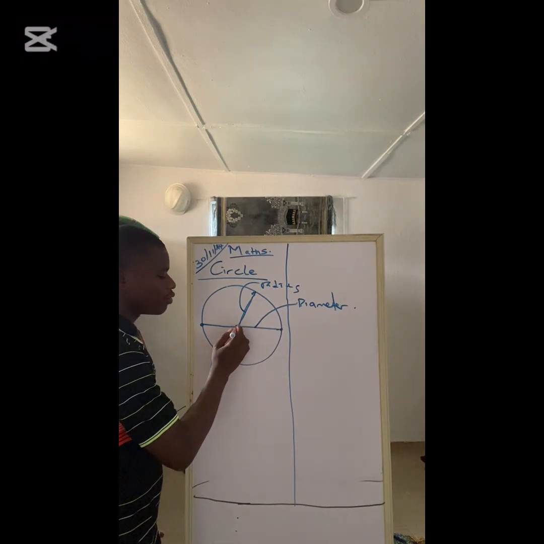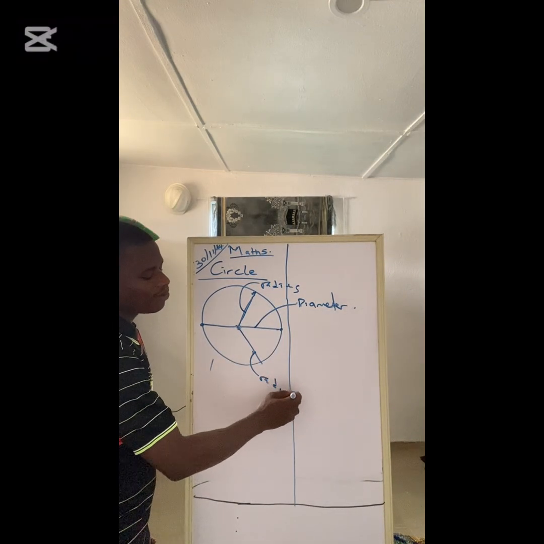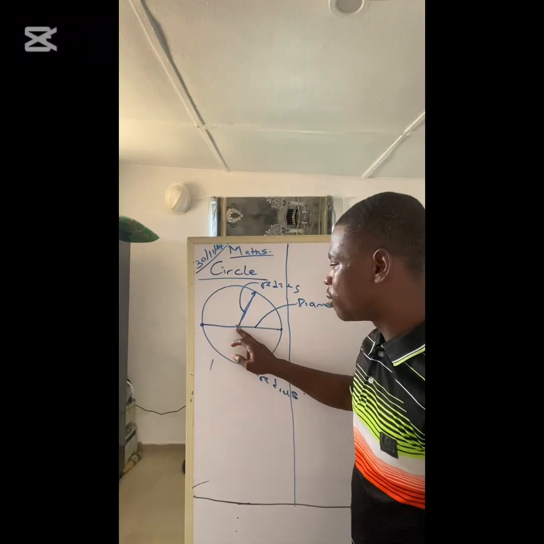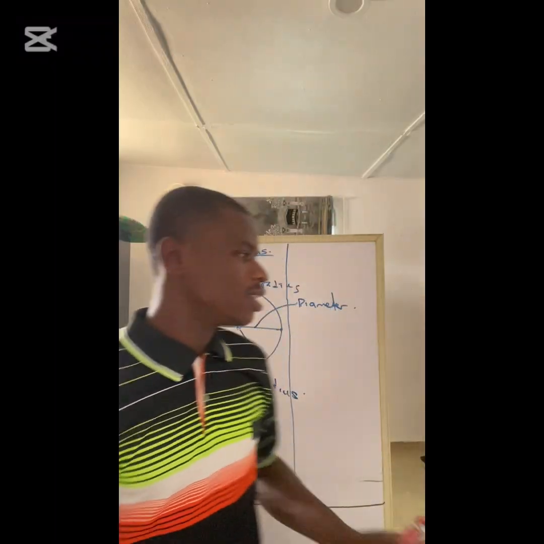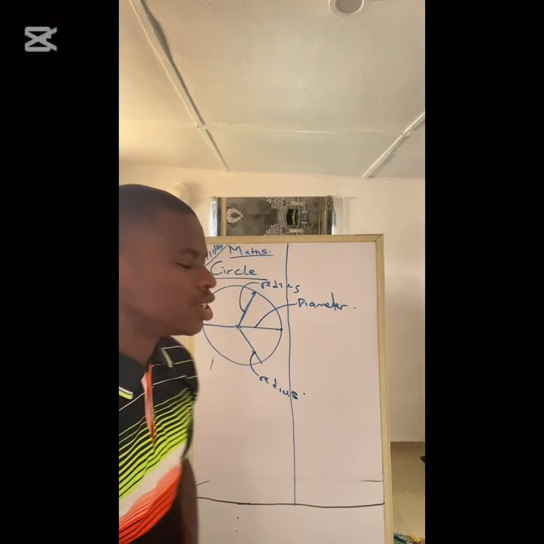As far as the line is drawn from the center, this is a radius. You can have multiples of radius in a circle. In other words, the radius is half of the diameter. So when you divide the diameter into two, the half of it is the radius.